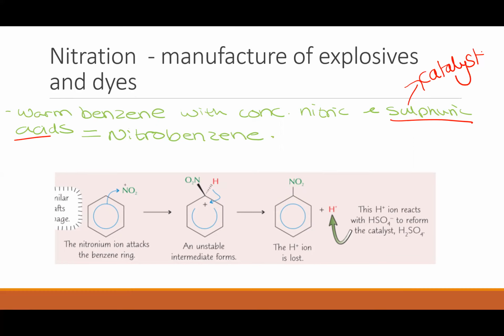So I'm just going to write out the whole equation for this here. We're going to warm benzene with concentrated nitric and sulfuric acids to get nitrobenzene. So let's draw this out. We've got HNO3 and H2SO4. Then we get H2NO3 plus and HSO4 negative.